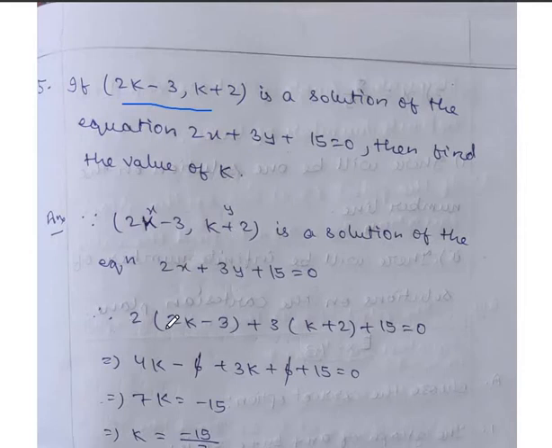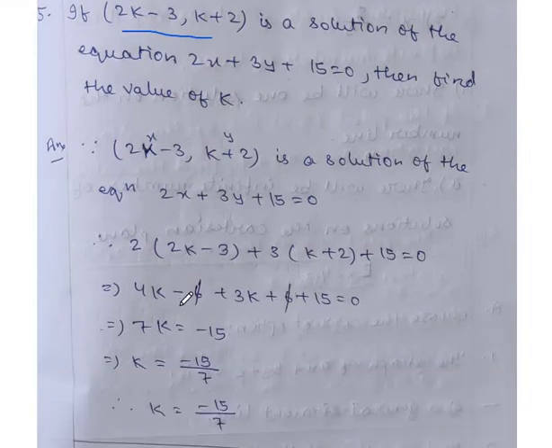So 2 into x, that is 2 into (2k minus 3), put inside the bracket, plus 3 into y, that is 3 into (k plus 2), plus 15 equal to 0. 2 into the first term is 4k, 2 into 3 is 6. So 4k minus 6 plus 3 into k is 3k, 3 into 2 is 6, plus 15 equal to 0.